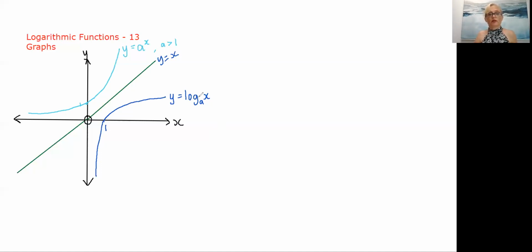So for example, we know this is our basic, so y equals, for example, log of x to base 3. If I wanted to change that up a bit and put x minus 1 in there and plus 2, what change is that going to make? Well, we should know by now this is going to shift it 1 to the right. This is going to shift everything up by 2.